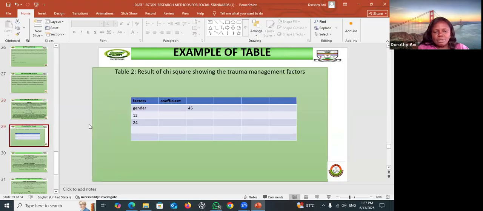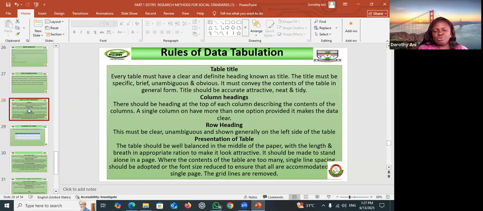Only this line, the first line that marks the beginning of the table, and then this second one that's following it, and then the last line, this horizontal line that marks the end of the table. That's the only grid line that should show in your table. So that's what we are saying.